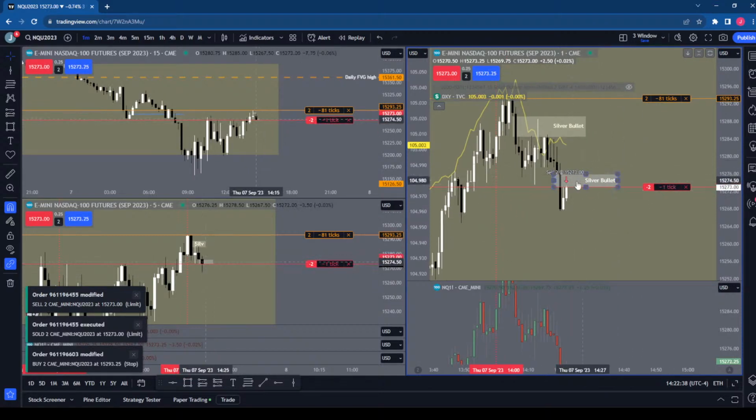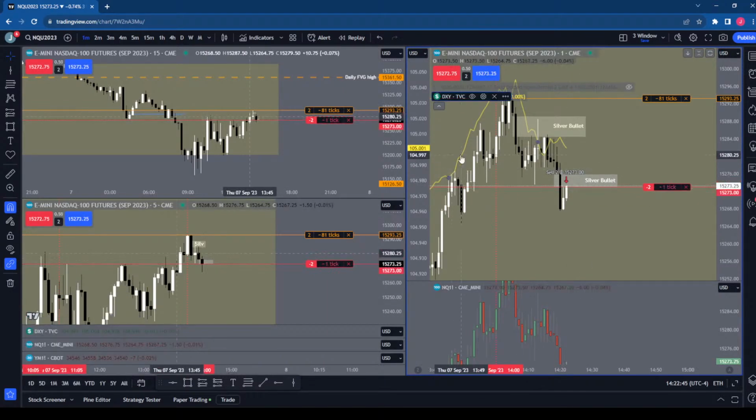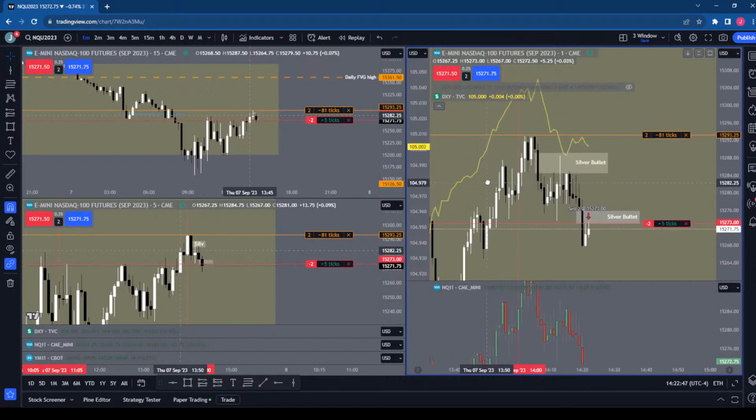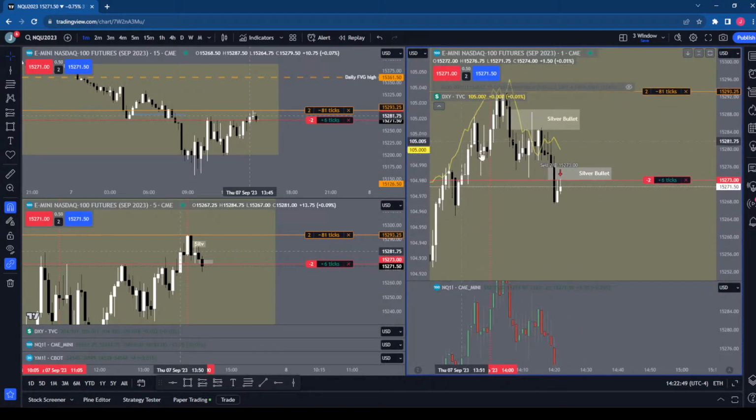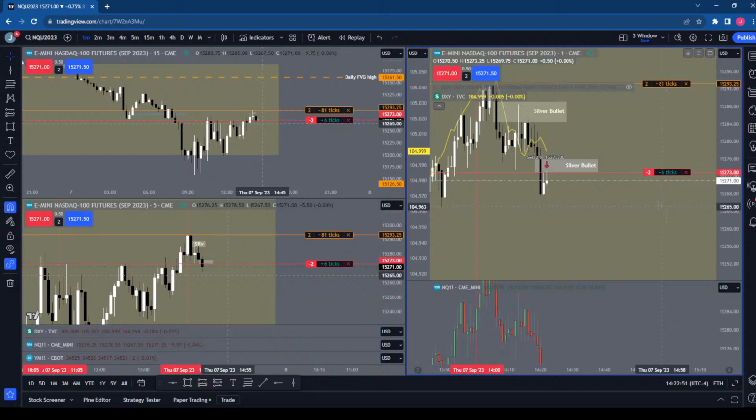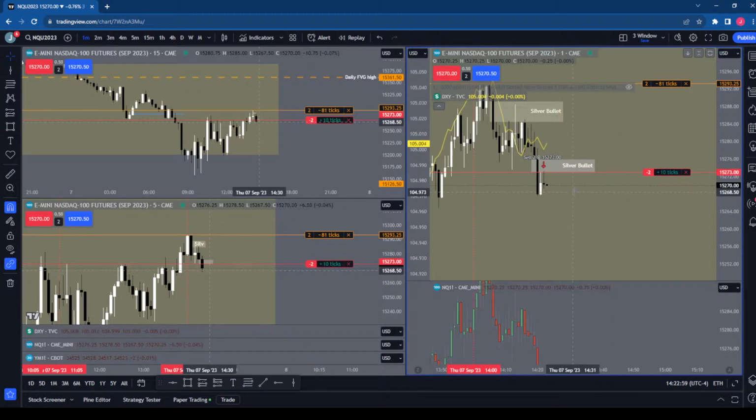Let's see how it treats this. Also watching the dollar here, this yellow line. And for NQ, we're going to take our first partial at 10 handles.